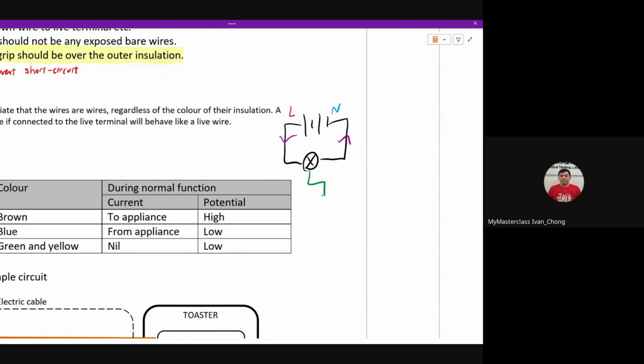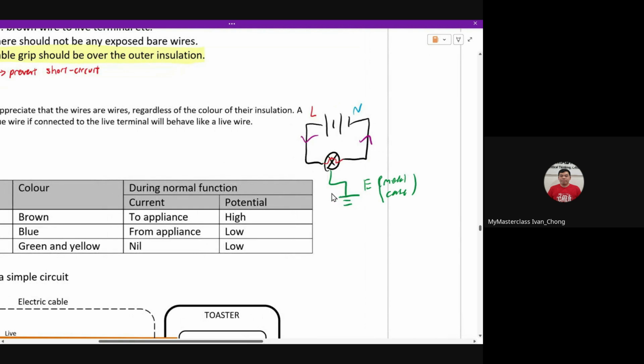Your earth wire is actually connected to your metal case. Okay, it is connected to the metal case. So it's not actually inside the device, because for your light bulb itself, it goes in and it comes out, right? But for your earth wire, it actually is only at the metal case of your device. So it's actually protecting you from the dangerous parts.